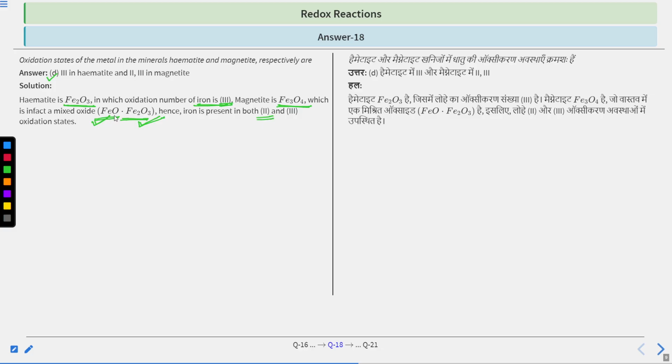So +2 and +3 are the oxidation states in Fe3O4 and +3 is the oxidation state in Fe2O3, that is hematite. Thus, option D is correct. Okay, let's move to the next question.